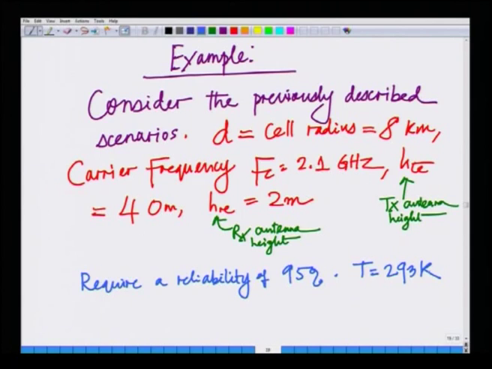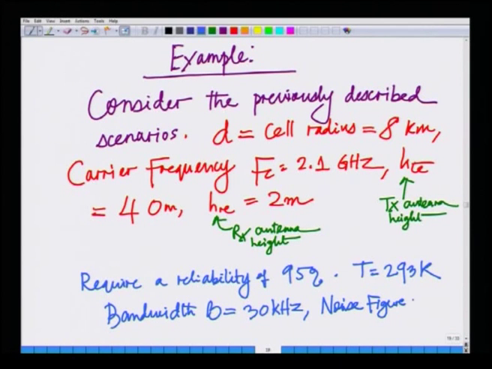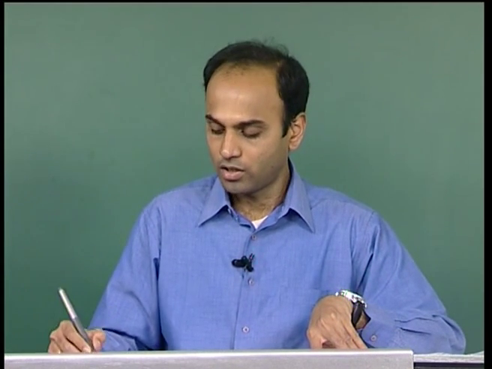This is what we had seen in the noise computation example, and the bandwidth B equals 30 kilohertz, noise figure equals 5 dB. Here I have to add that when we require reliability of 95%, the log normal shadowing has a standard deviation sigma equals 6 dB, similar to what we considered earlier.